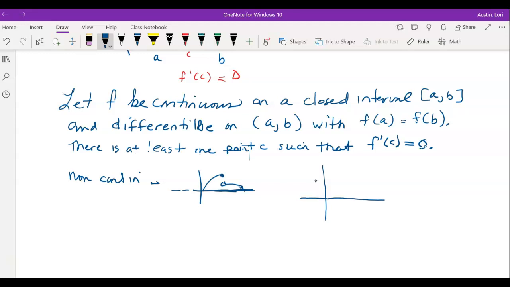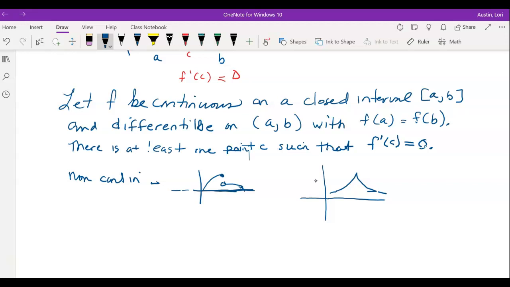I think I just drew it, right? Did you watch that? So here's a function that looks like that. That's not going to work, because it doesn't fit our parameters: we're not differentiable at that middle point. So you don't have to worry about that. There are more pictures of that in the notes.